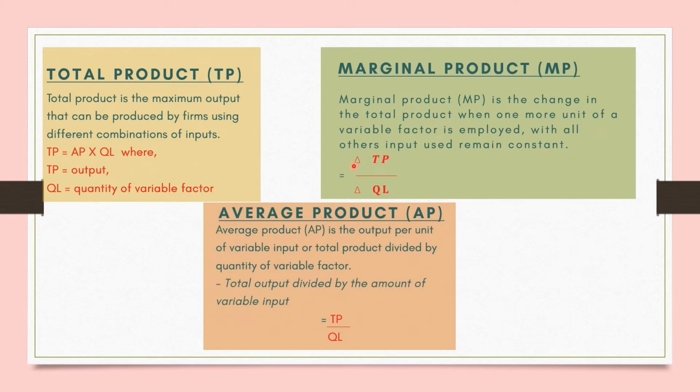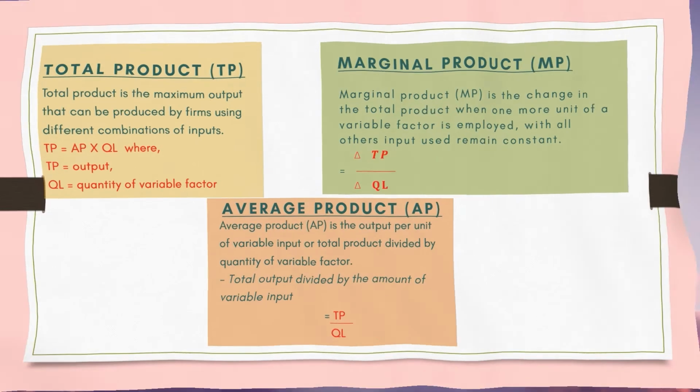Meaning the change, okay, this is the formula: the change in total product divided by the change in quantity of variable factor, or quantity of labor. So average product wants to find the average, while marginal product wants to find the contribution of one labor only, each worker's contribution. This one is calculated on average, but for this one, there is no average. Okay?